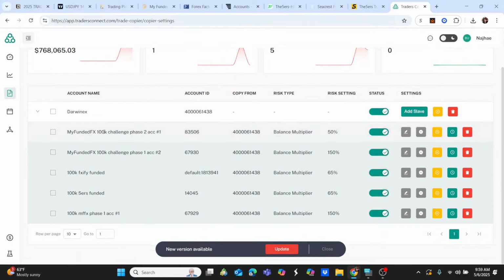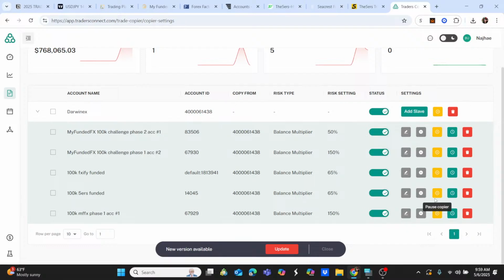Okay, so I removed my 200K challenge since I failed that. So basically what I'm about to do right now is I'm gonna put the charts on my phone so I can keep an eye on the market while I'm doing this.